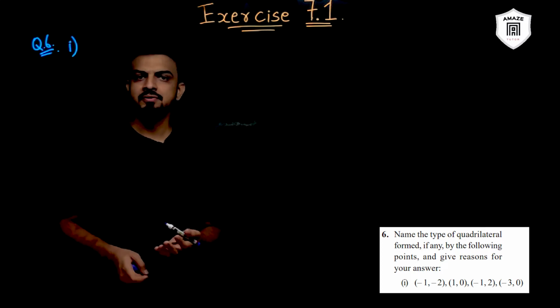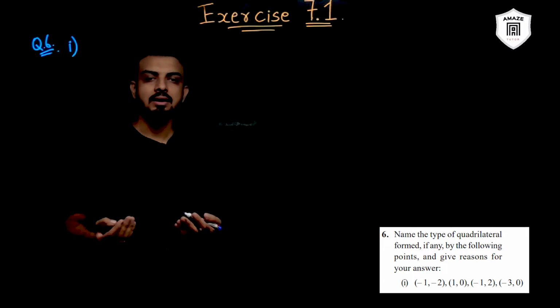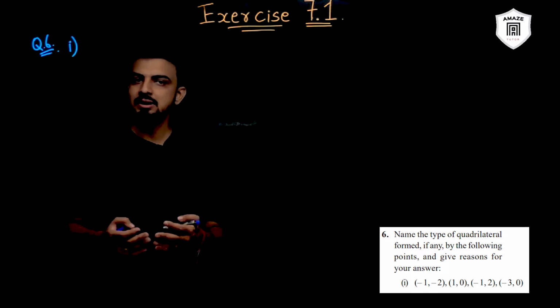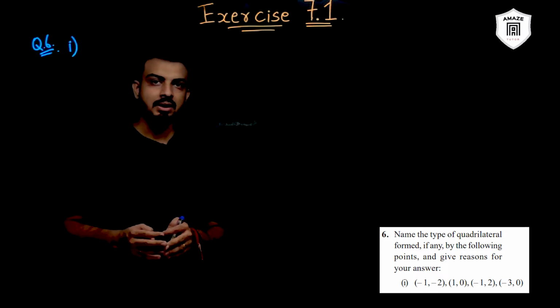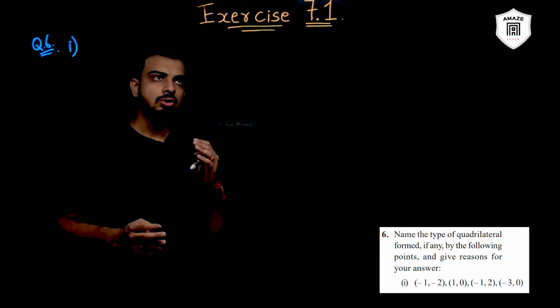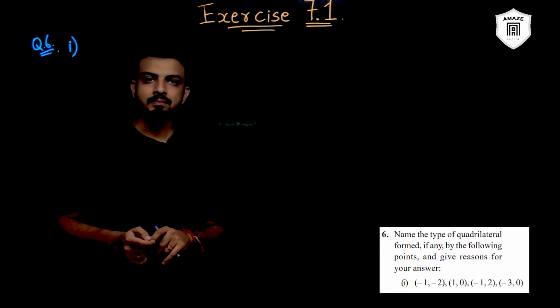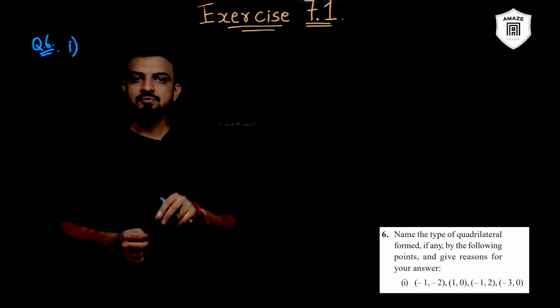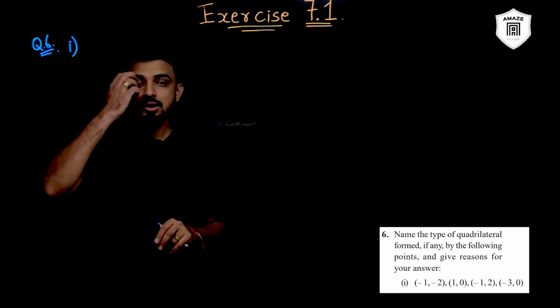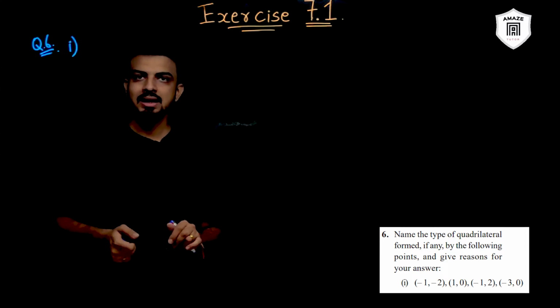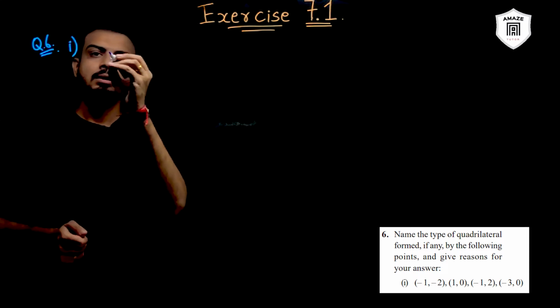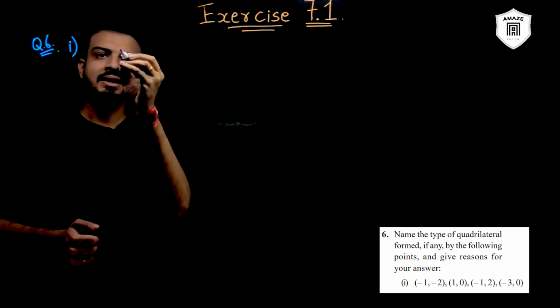So we know there are different types of quadrilaterals like square, rectangle, rhombus, kite, parallelogram, and so on, right? Trapezium. So we'll try to figure out, if we have these 4 points, what type of quadrilateral it is forming. So the first one is where the points are -1 comma -2.